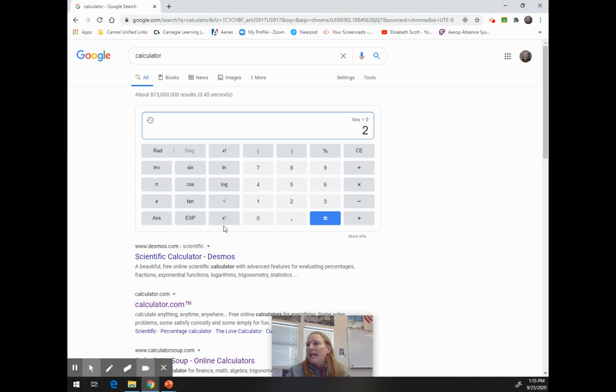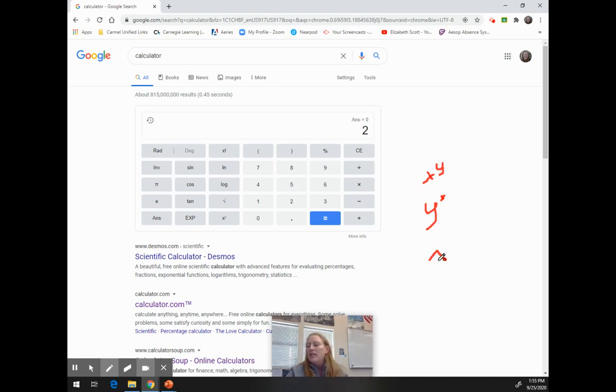My calculator, because I'm using the calculator on Google, has a button that says x to the y power. Your button might look different. Instead of x to the y power, your button might look like y to the x power. Or if you have one of those nicer TI calculators, it looks like what we call a caret. It looks like this right here.